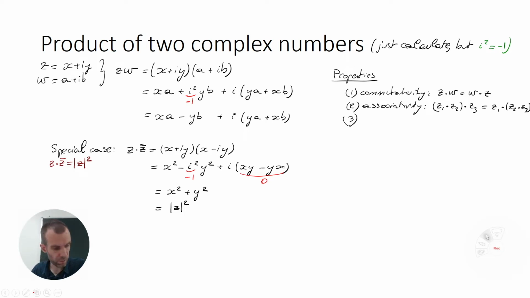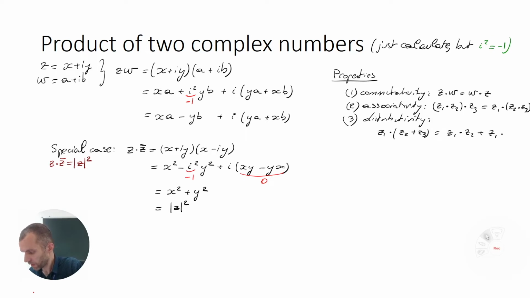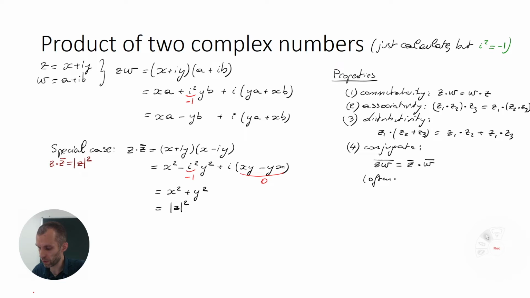The result will be the same. We have distributivity, so z1 times (z2 plus z3) is equal to z1 times z2 plus z1 times z3. And then last, useful property for the conjugate, we have that if we take the conjugate of a product, that's the same thing as taking the product of the conjugates. And this is also often useful in calculations.